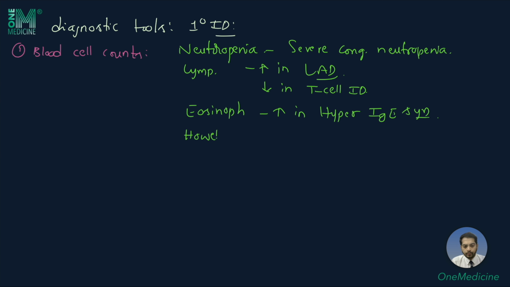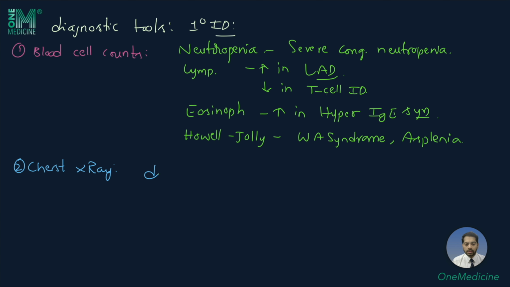Howell-Jolly bodies can be seen in Wiskott-Aldrich syndrome and even in asplenia. Chest X-ray is an important tool in DiGeorge syndrome, where there can be absence of thymic shadow.